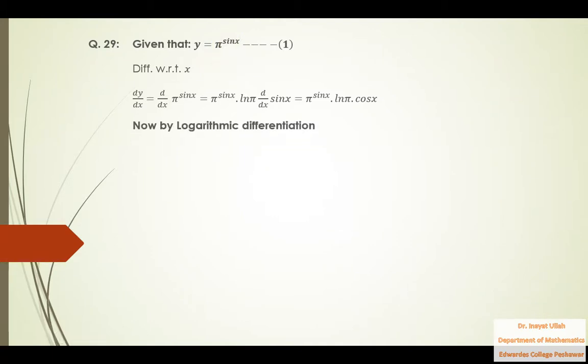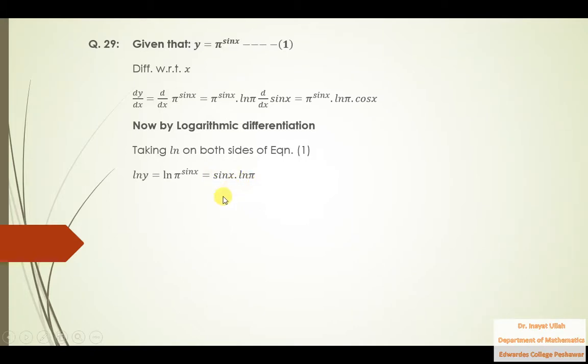Now whenever we use the logarithmic differentiation, for this purpose we will take natural log on both sides of equation number 1. So taking natural log of both sides, natural log of y is equal to natural log of pi to the power sine x, and using the property of log function, this sine x will come in this fashion, sine of x into natural log of pi.